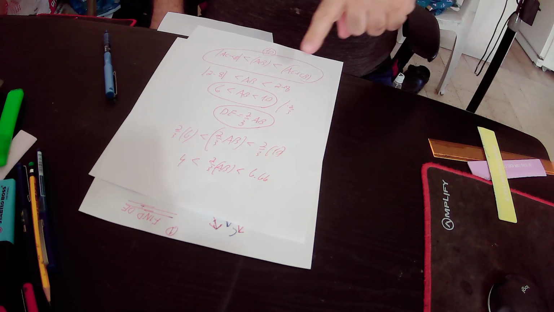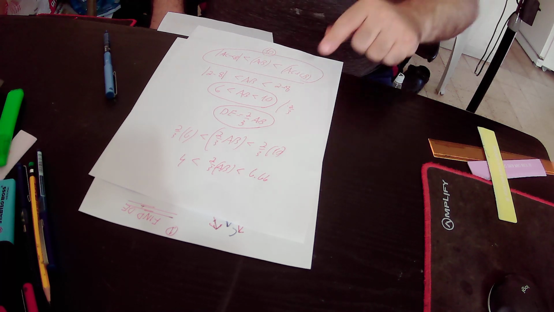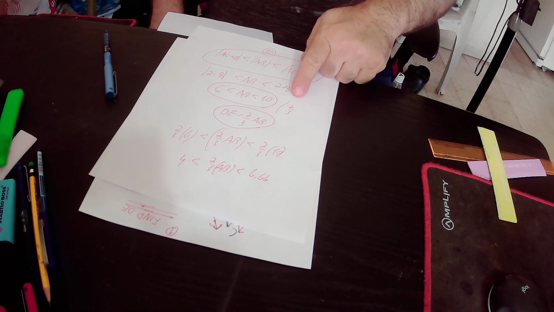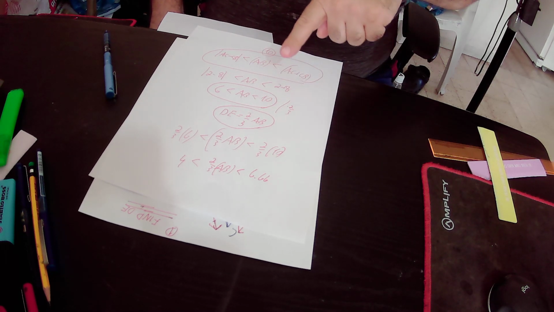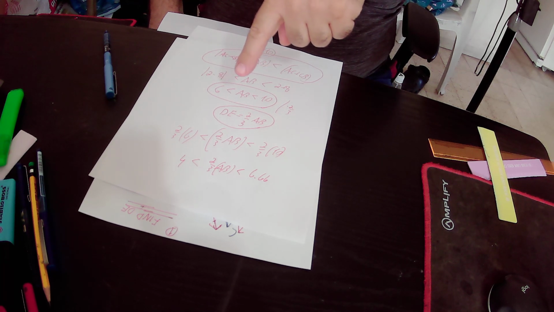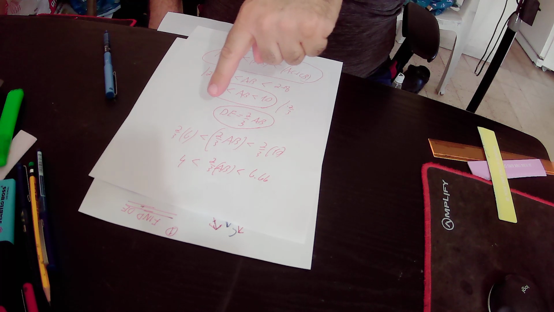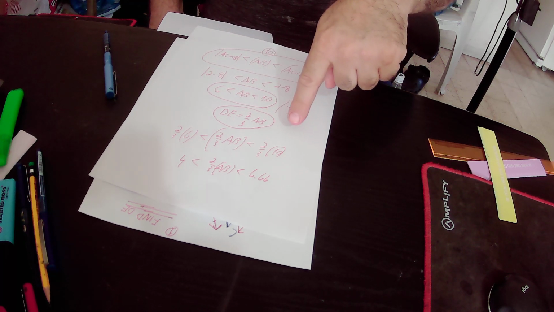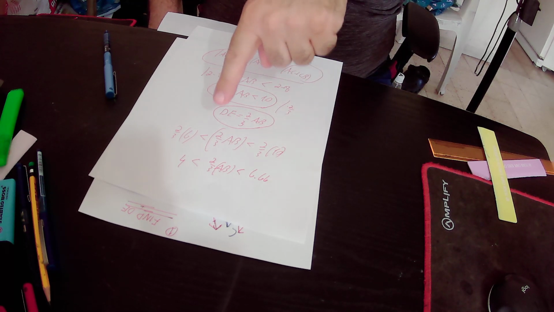But we have already found that DE equals 2/3 times AB. So we multiply this expression by 2/3, and we get that 2/3 AB is greater than 2/3 times 6, and smaller than 2/3 times 10. 2/3 times 10 is 6.66, and 2/3 times 6 is 4.